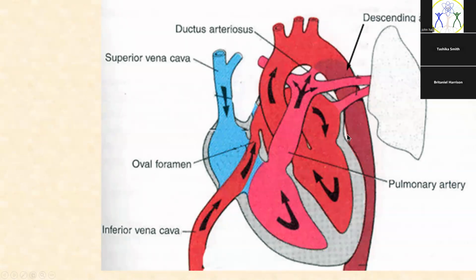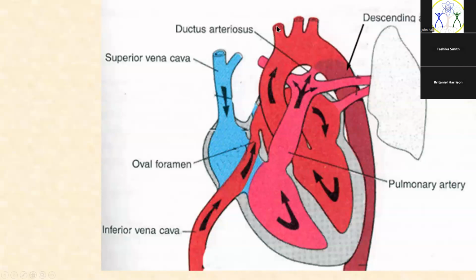Okay. So between the foramen ovale, which moves oxygenated blood into the left side, and which eventually goes into the aorta, you also have blood from the pulmonary trunk via the ductus arteriosus also going into the aorta.